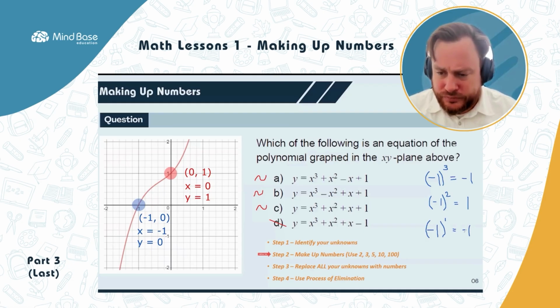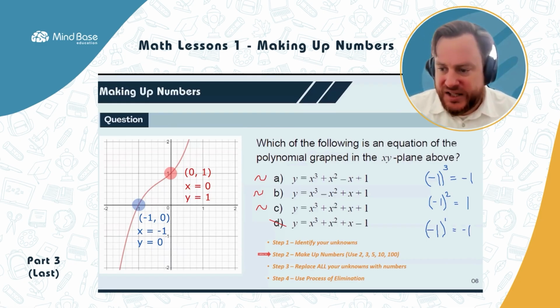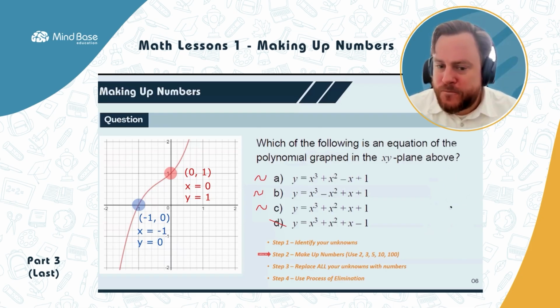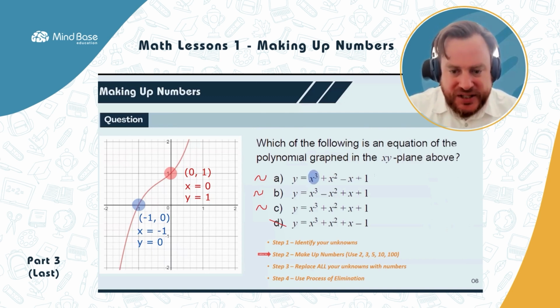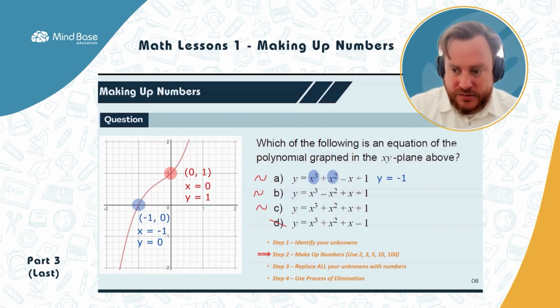So let's keep that in mind when we check out these answer choices. I need some more space, so I'm just going to delete this. All right. Now, here I have x to the 3rd power. If I plug in -1, that is going to give me -1. Okay. Now I have plus x squared. Now that's going to be +1.